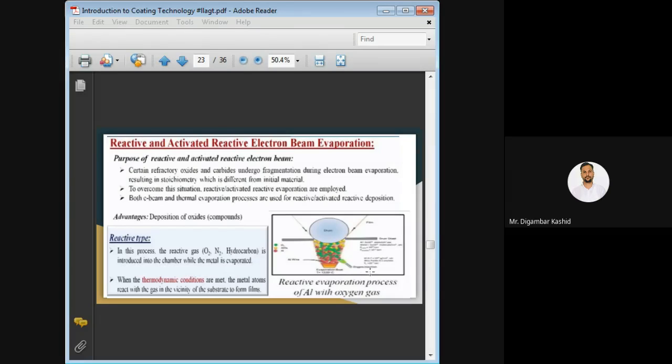Aluminum and the oxygen gas mix together and undergo a chemical reaction which forms aluminum oxide, Al2O3, and then that Al2O3 is deposited on the substrate. So it is called a reactive type.